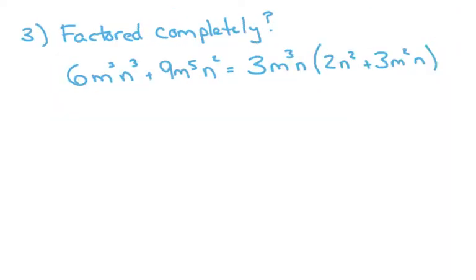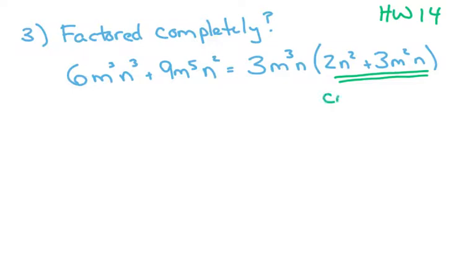Okay, back to the homework. Like number 3 in 3.4 homework, which is also known as homework 14. One of the questions says, is this factored completely? Well, look in here.